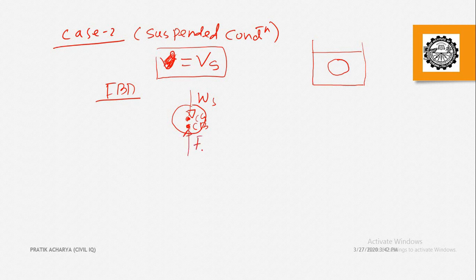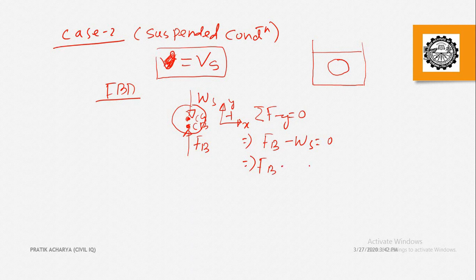The buoyancy force will act here. The net force in the y direction will be equal to 0. This is my positive x and this is my positive y. So the force of buoyancy minus the weight of the solid body is equal to 0. So the force of buoyancy equals the weight of the solid body.